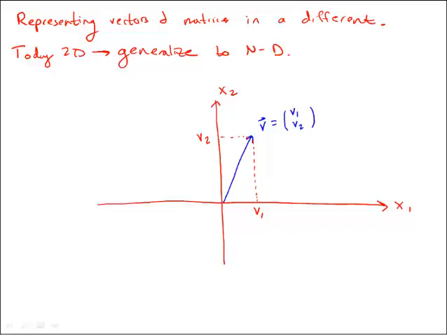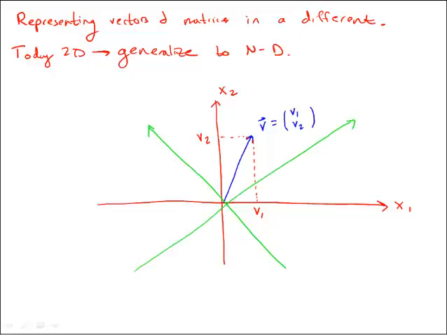Those are its components. However, there may come a time in life when it becomes useful to represent our vector v not in our x1, x2 coordinate frame, but in a rotated coordinate frame.